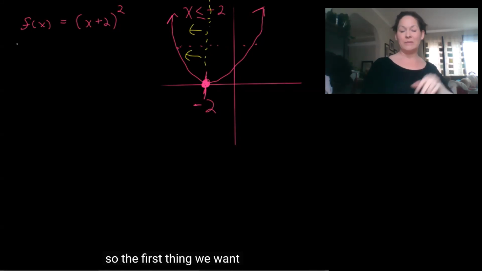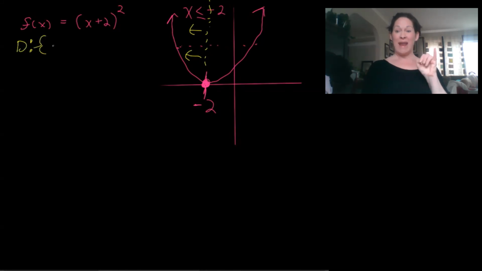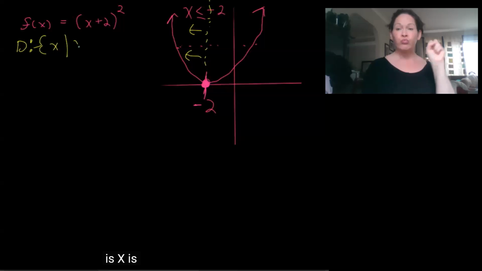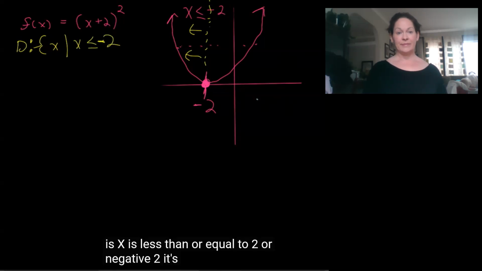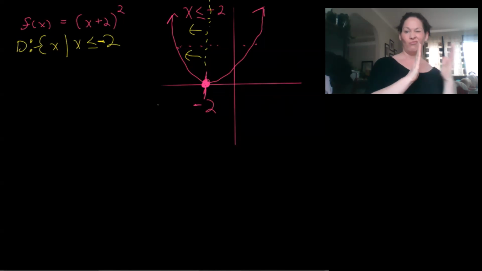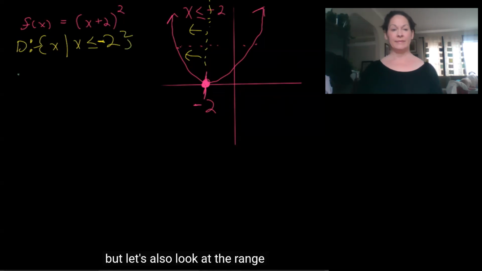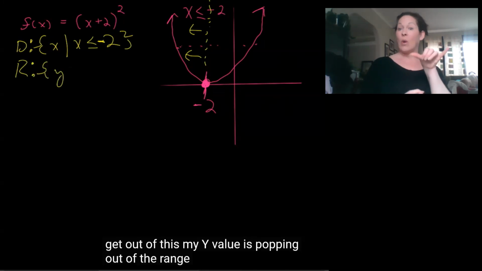So the first thing we want to do here, and I'll put the domain restriction up, is x is less than or equal to -2, sorry. It's everything on this side. But let's also look at the range that we get out of this. My y value is popping out of the range.